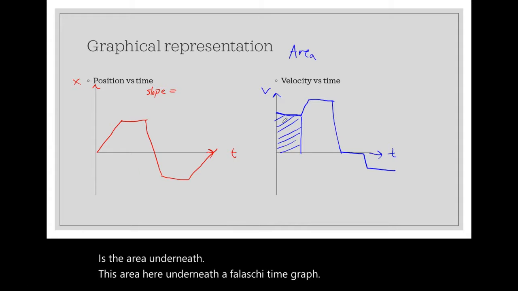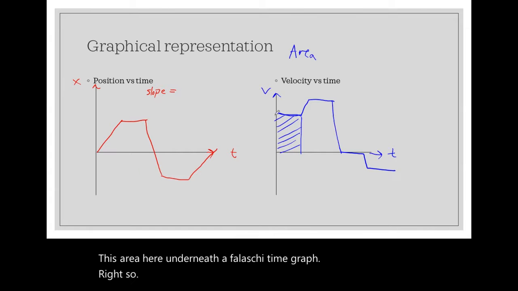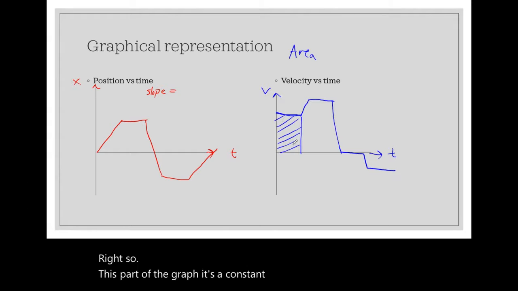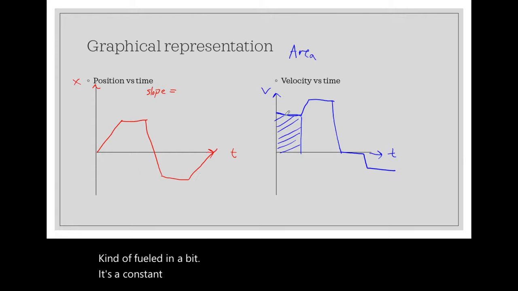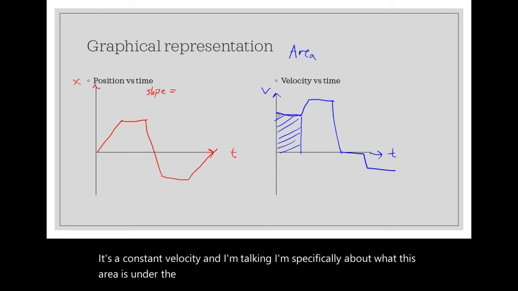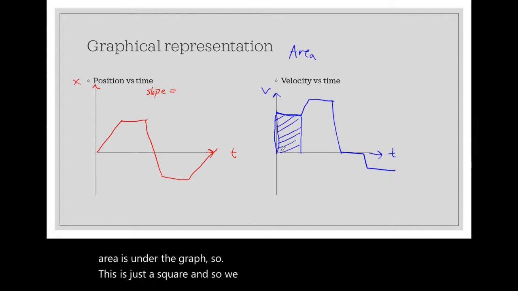Right. So this part of the graph, the constant velocity, this part that I have filled in a bit, I'm talking specifically about what this area is under the graph. So this is just a square, and so the area of a square is base times height.